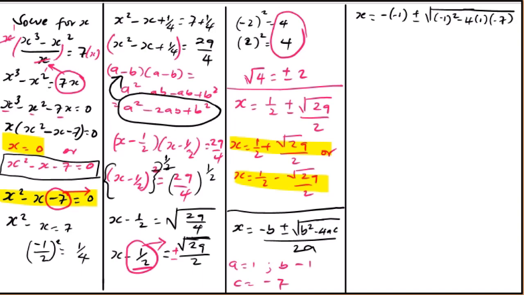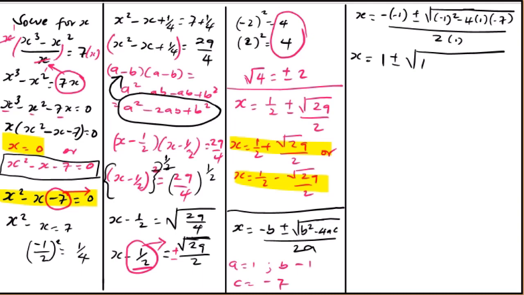Okay, all of this over 2a. A is what? It is 1. Okay, therefore we have x equals negative times negative, remember, is positive. When we have negative times negative 1, we get positive 1, then plus or minus. Now roots, ensure you put your root there. Negative 1 squared is 1.